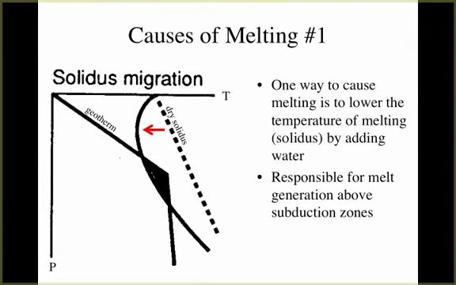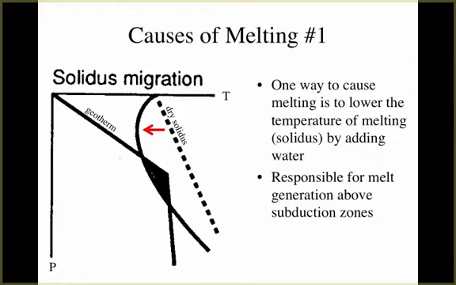The first mechanism is lowering the melting temperature by adding water to the system. And this is a mechanism that would operate in a subduction zone where subducted sediments and hydrated crust can generate fluids in the overlying mantle wedge.